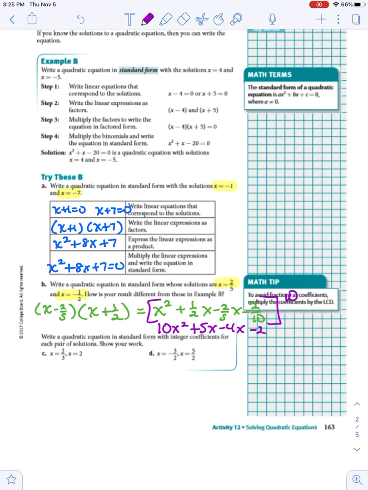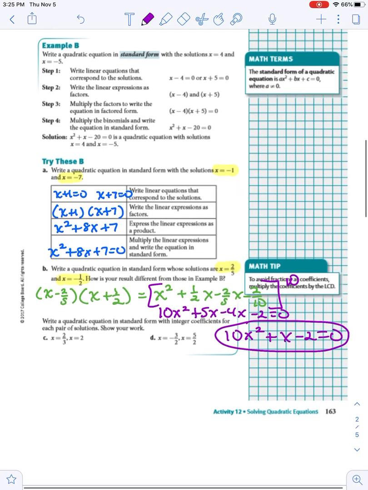And -2/10 times 10 is minus 2. So we will get 10x squared plus 1x minus 2 equals 0. And that is answer choice B.